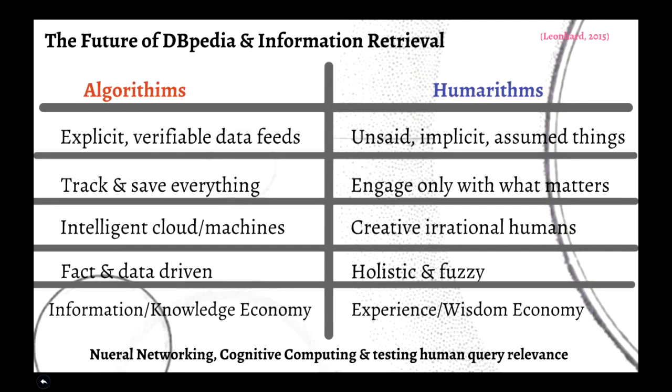For the future of DBpedia and information retrieval, neural networking, cognitive computing, and testing human query relevance further than what has already been tested will be necessary to improve the wonderful concept of DBpedia and its ontology, and retrieving linked open data to ground information and knowledge, creating an even larger authenticated semantic web as imagined.